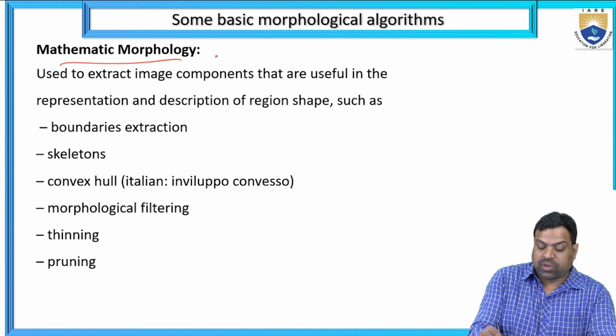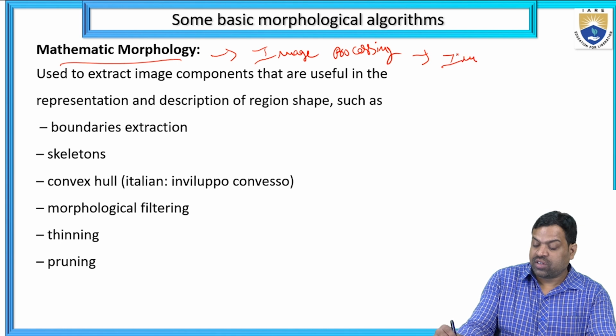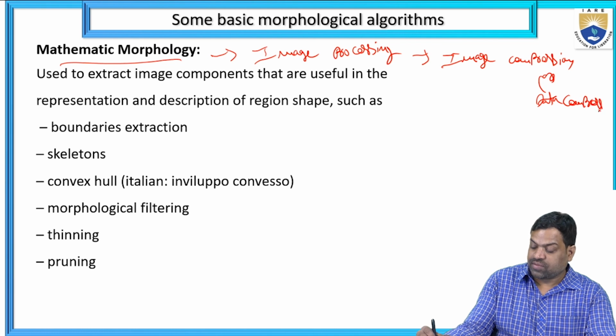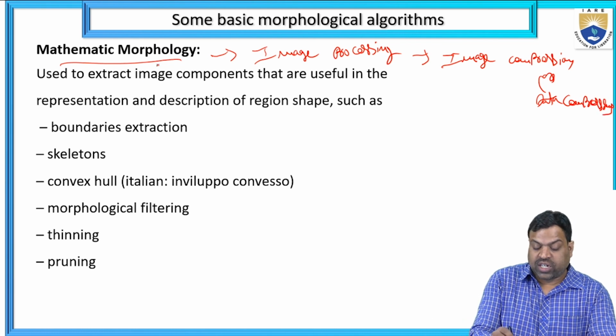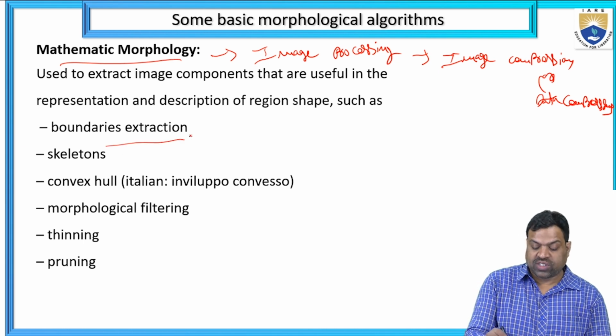Mathematical morphology is especially used for image processing, image compression or data compression, to extract image components useful in the representation and description of region shape, such as boundary extraction, skeletons, convex hull.